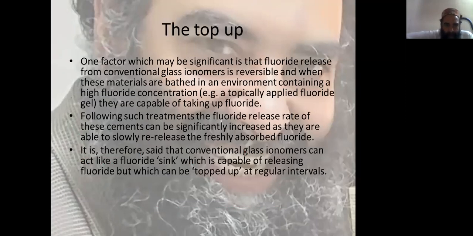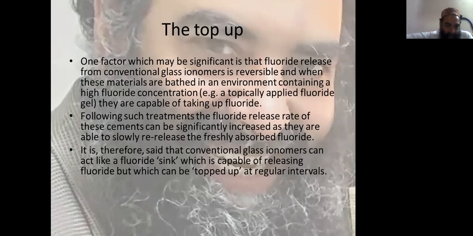One factor which may be significant is that the fluoride release from conventional glass ionomer is reversible. When these materials are bathed in an environment containing a high fluoride concentration, for example, a topically applied fluoride gel, they are capable of taking up fluoride. Following such treatments, the fluoride release rate of these cements can be significantly increased as they are able to slowly release the freshly absorbed fluoride.